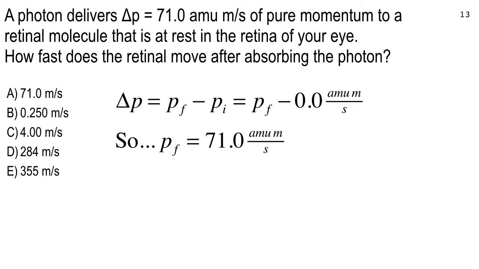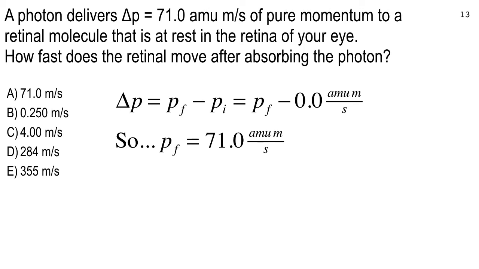Because that's what the photon delivers. The photon doesn't deliver any mass. It does deliver momentum and energy. So there's your final momentum of retinal. It's poking off to the right with a momentum of 71.